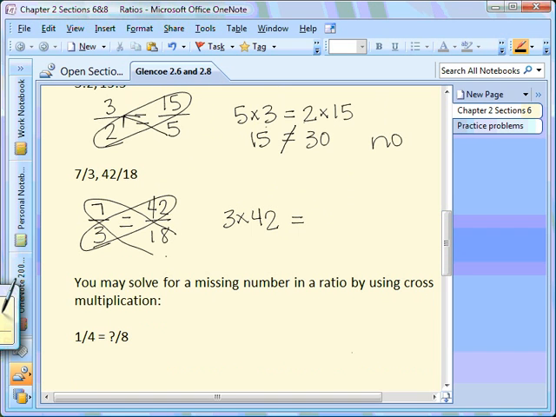We're going to see if it's equal to 7 times 18. If we take 3 times 42, we get 126. Drop in our equal sign. And 7 times 18 is 126. Our numbers are equivalent, so yes, those ratios are equivalent.